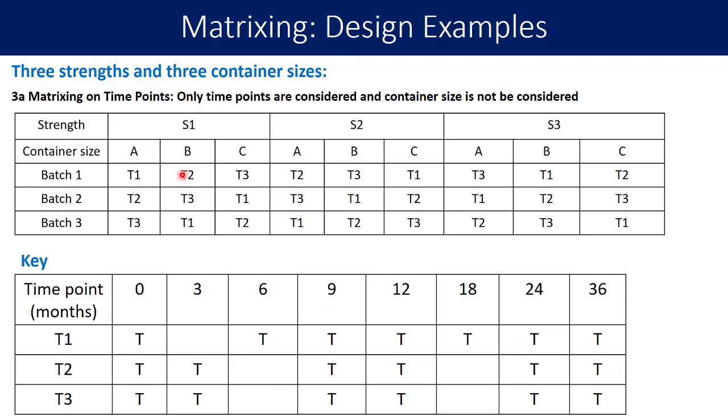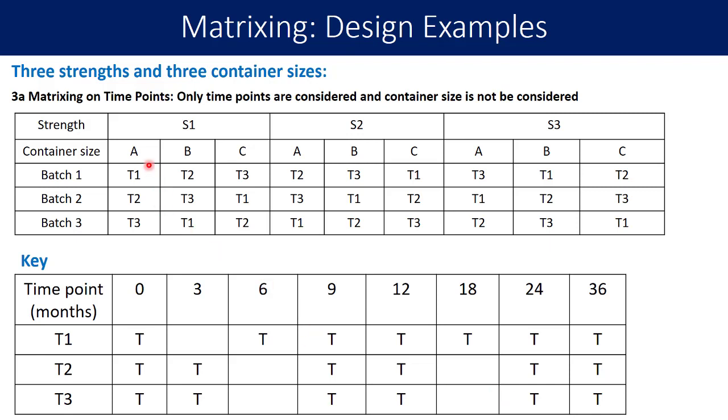Let us now understand, in case of S1 strength, in case of container size A, what should be the testing time points for batch number 3? That gives me a configuration of T3. And what does T3 mean? Look here, the T3 means 0 month sample, 3rd month sample, the 6th month is not required, it is omitted, then again 9th month is required, then 12th month is required, then again 18th month is excluded, then 24th month is required, and 36th month is required.